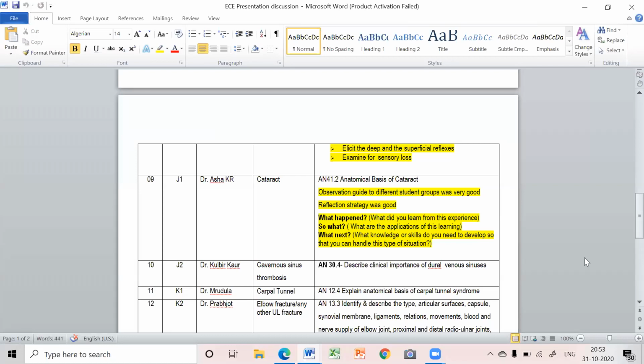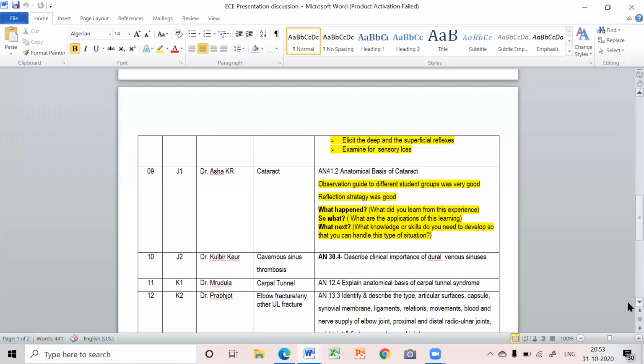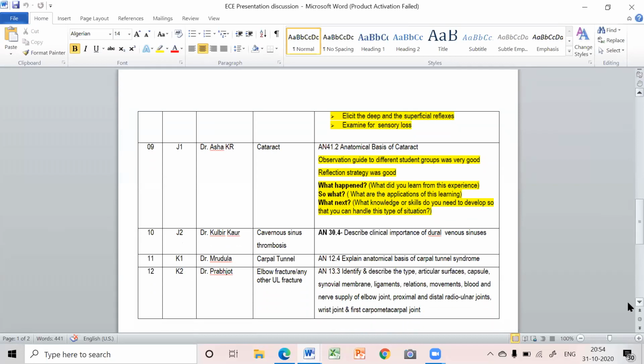After the physiology people have done those clinical testing, then we take these students for the ECE session. Then I think it would be easy, because the major chunk of the ECE module included in this cataract is given to the physiology department itself. So we need to plan our lesson by all three departments, that is anatomy, physiology, as well as ophthalmology. That's what I felt, ma'am.